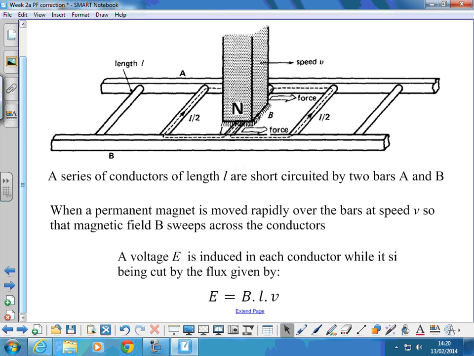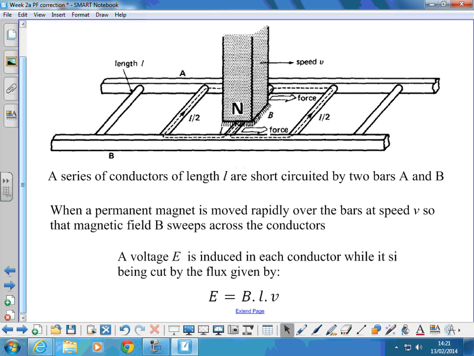If you were to move a permanent magnet rapidly over the bars at a speed V, so that the magnetic field sweeps across the conductors, you'd induce a voltage E given by E equals B times L times V. B is the magnetic flux density of the field.